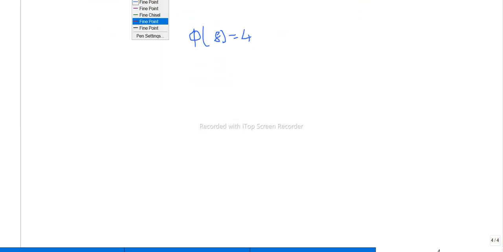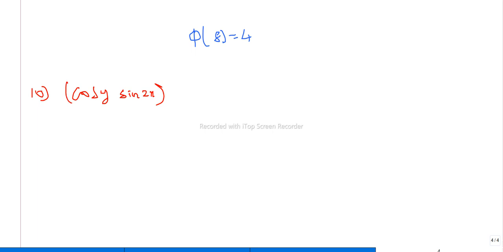Tenth question, suppose if you look at cos y times sin 2x dx plus cos square y minus cos square x dy equal to 0. What is the integrating factor? Integrating factor of this one.